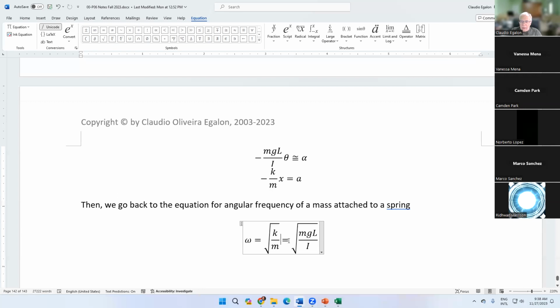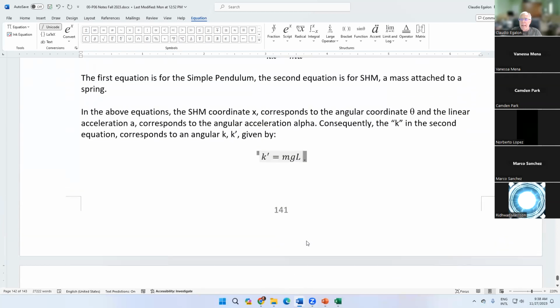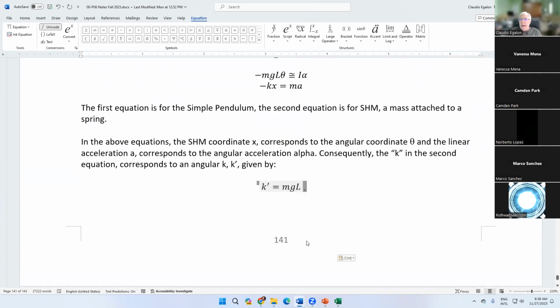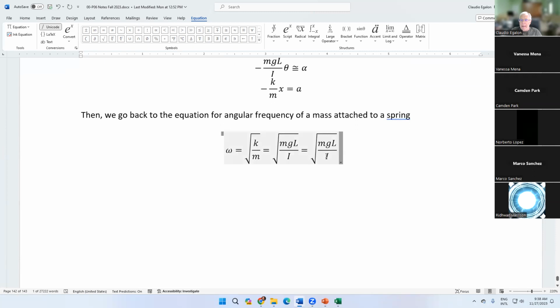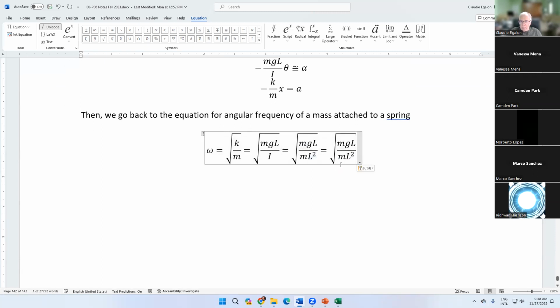Now I'm going to replace the I by the moment of inertia of a point mass, which is mL squared, right in here. And I'm going to come to a result that's simpler.